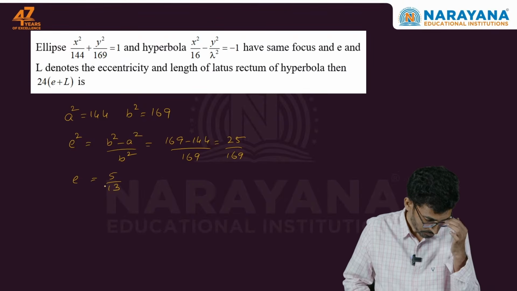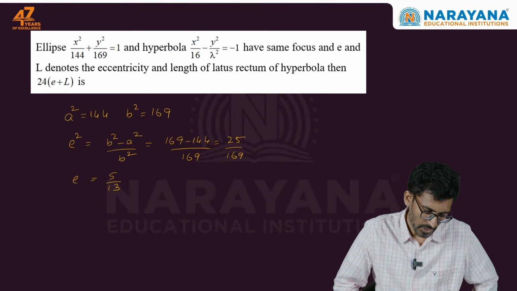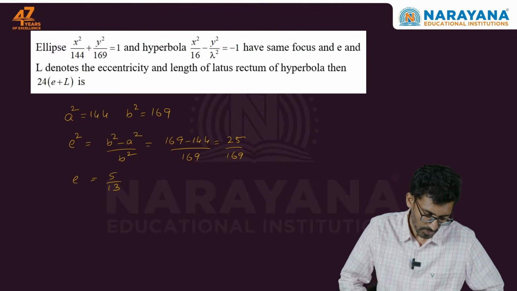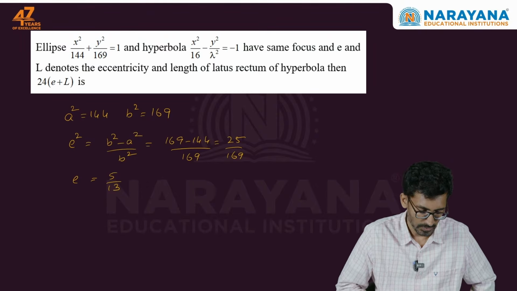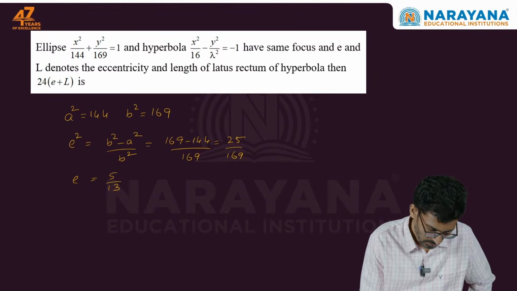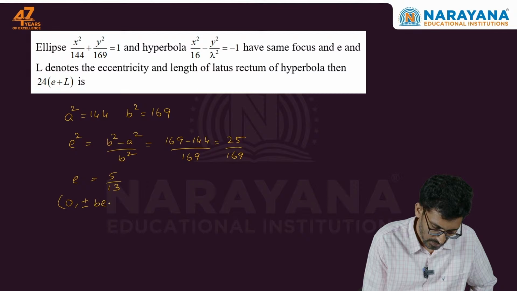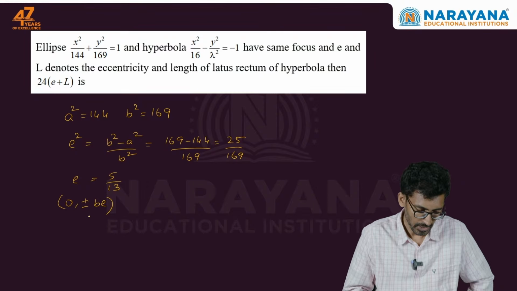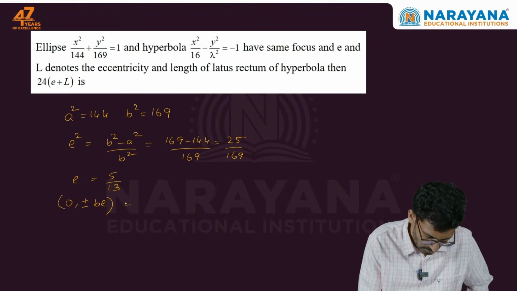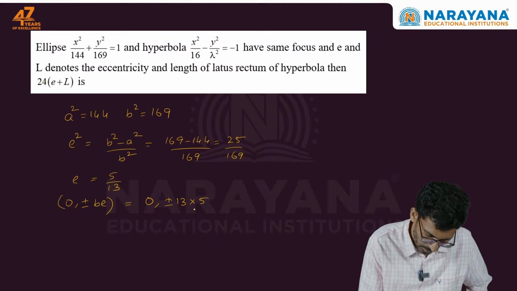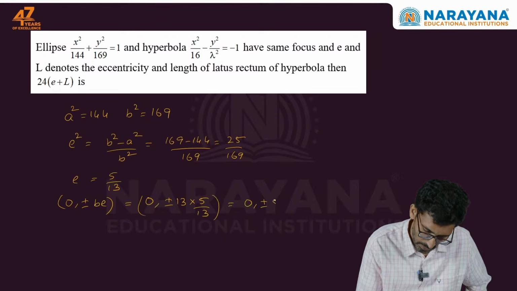Next, both the ellipse and hyperbola have the same focus, so I will find the focus of the ellipse also. Focus of the ellipse is 0 comma plus or minus be. Here the major axis is the y-axis, so it is 0 comma plus or minus 13 into 5 by 13, which is equal to 0 comma plus or minus 5.